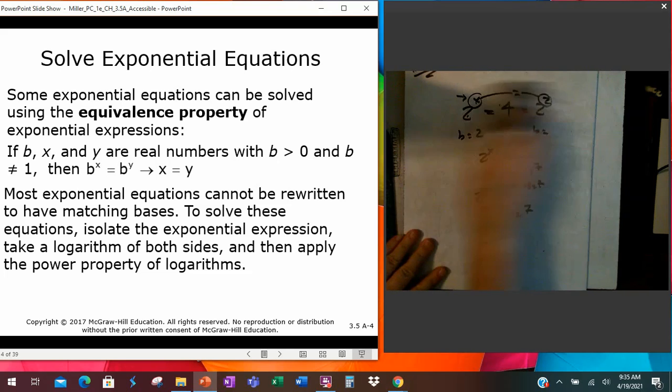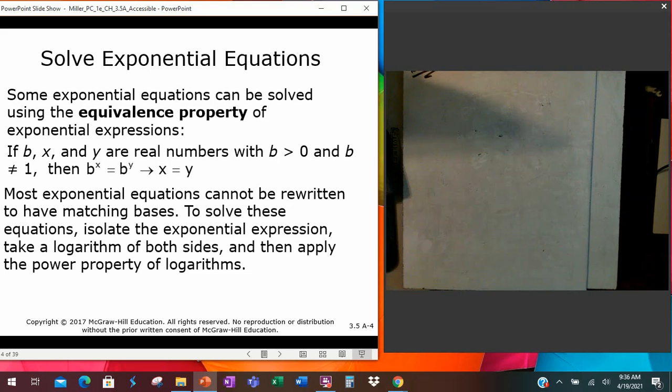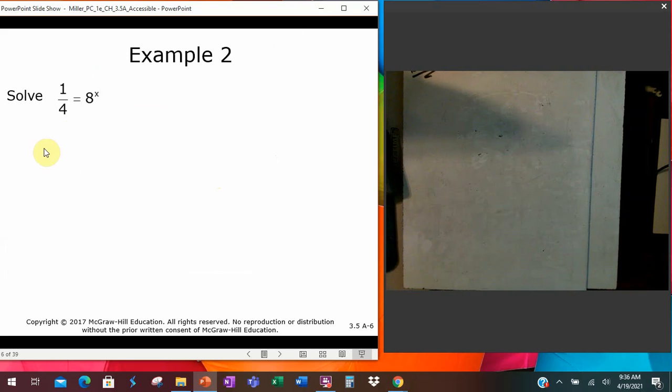All right, so let's continue on. Here, solve this. If I didn't have my calculator to do log tables or anything, I'm looking to see if I can get both of these to the same base. Well, 4 and 8 are not powers of each other, but how about 2? 2 squared is 4, 2 cubed is 8, but here I want base 2.